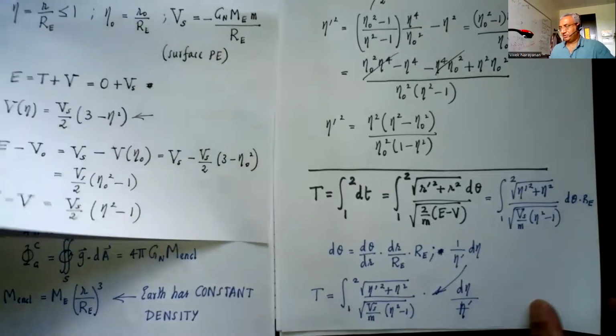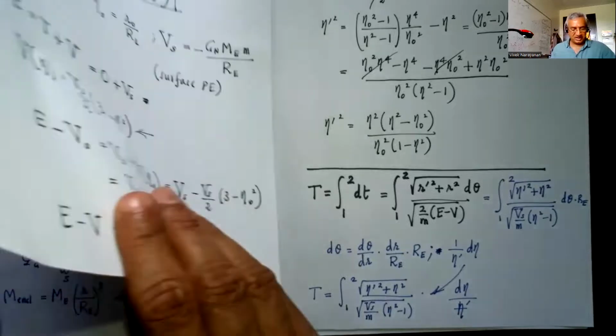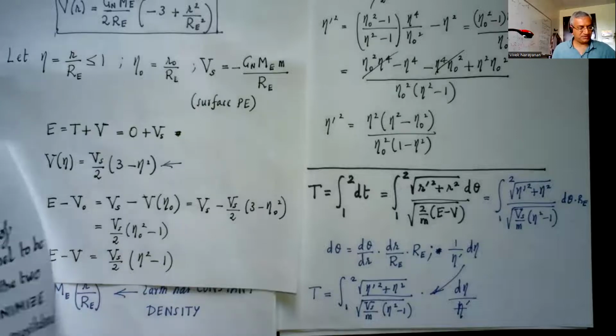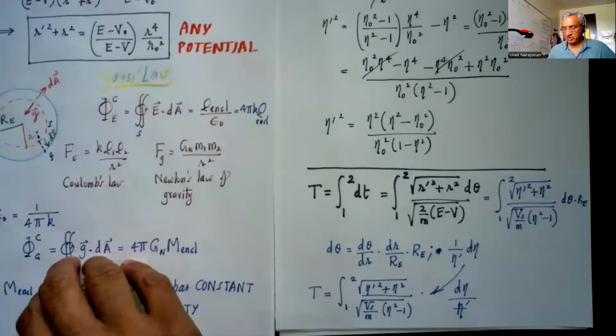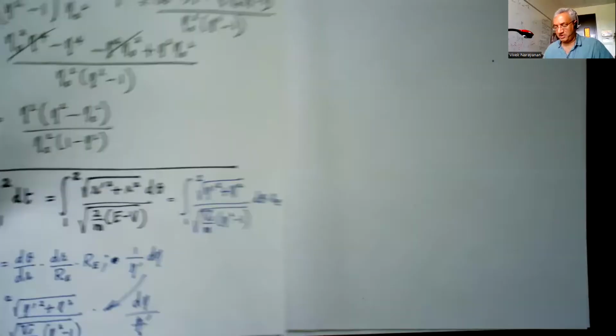All right, so that's a complicated looking object. Meanwhile, I have eta prime, which is over here, eta prime squared. So let me write that.